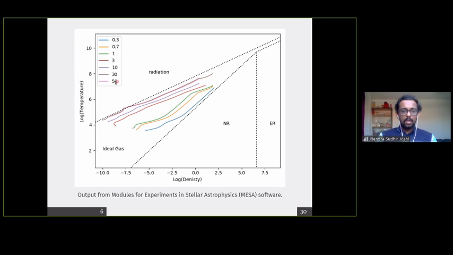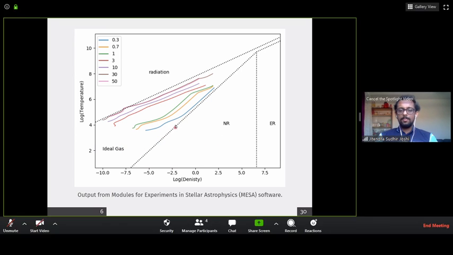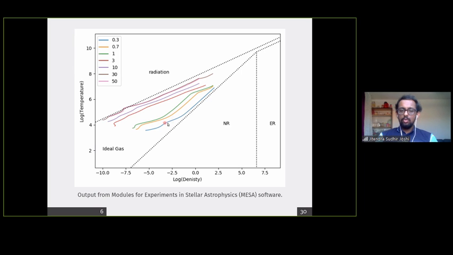As we move from low mass stars, we are very near the boundary of ideal gas and electron degeneracy pressure. Which means that in low mass stars, these two regimes, ideal gas pressure and non-relativistic electron degeneracy pressure, are important processes happening inside the stellar interior.